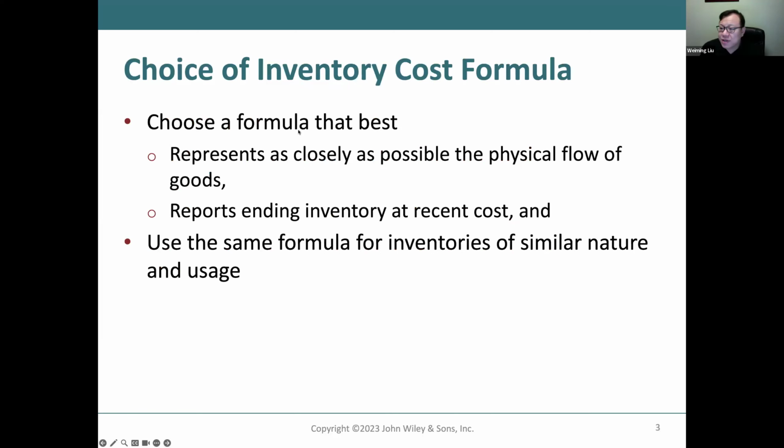You choose the formula that best represents, as closely as possible, the physical flow of goods. For example, our assumption is FIFO, and we are hoping that's the physical flow.